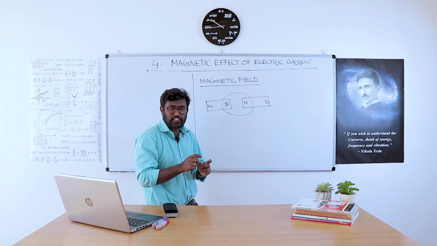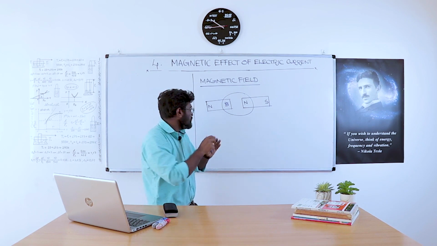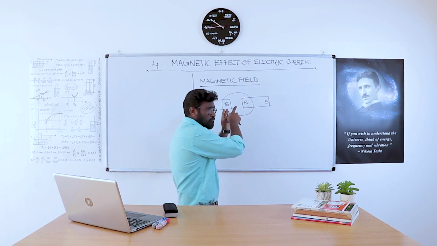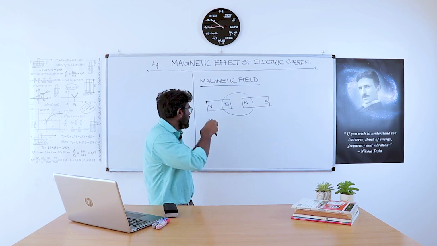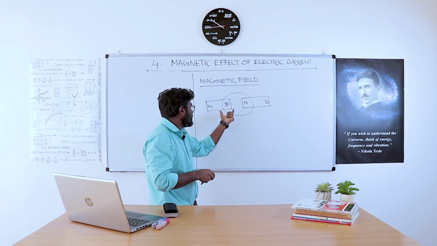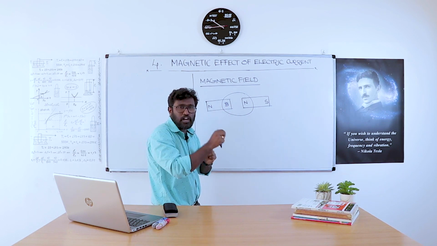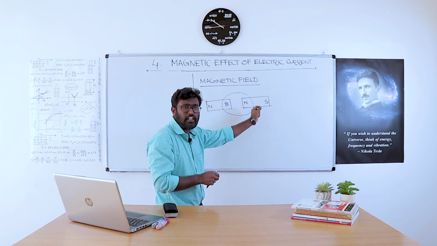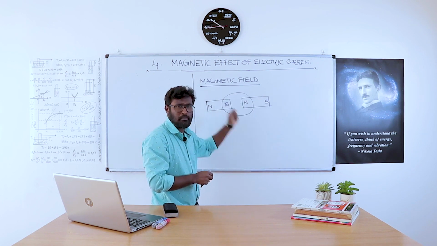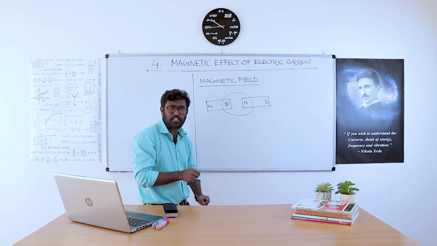For the attraction, the south pole and north pole attract each other, which means that there is a field produced around the magnet.